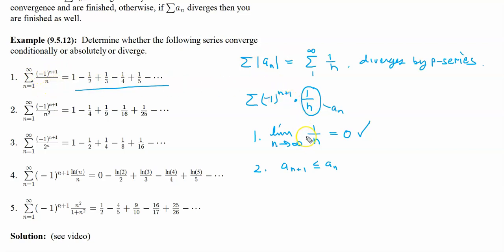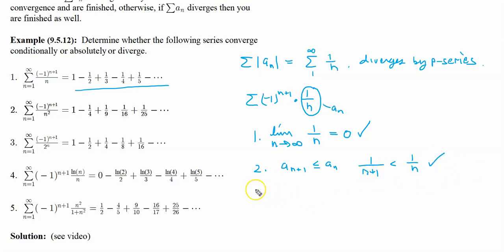But now when we're doing the alternating series test, we restrict the an just to be the positive part. Okay, so it's 1 over n now. Well, we have to determine if this is satisfied. Well, yes, that is satisfied, because most certainly 1 over n plus 1 is definitely less than 1 over n, because we make the denominator a little larger. So this is certainly true.